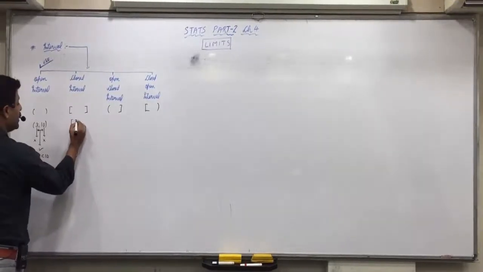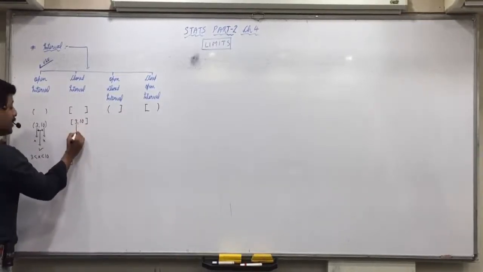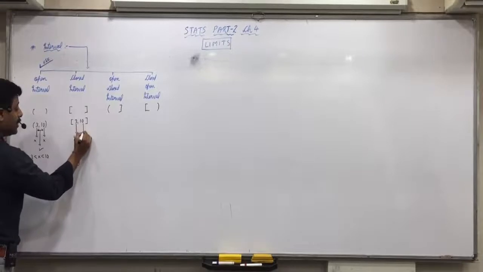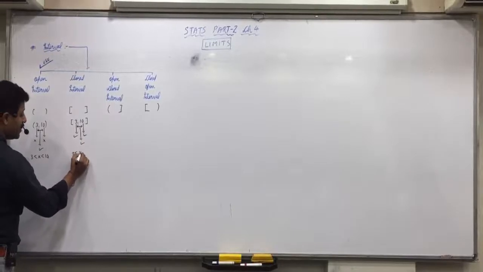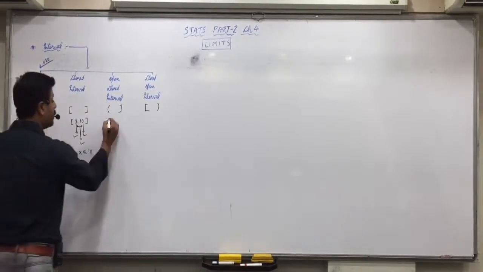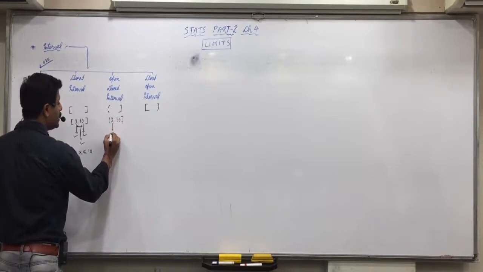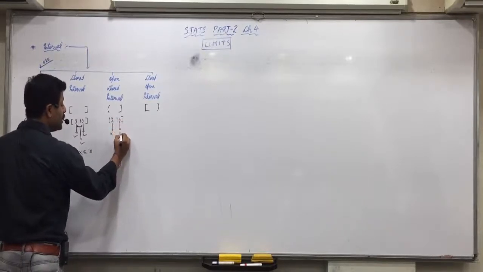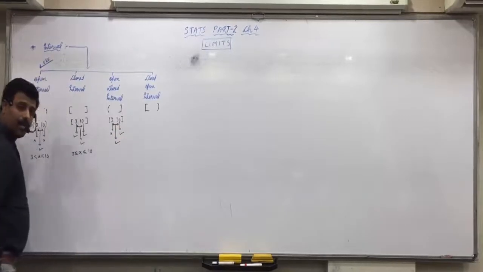Closed interval, if I write the same numbers 3 and 10, 3 is included, 10 is included, the numbers between 3 and 10 are also included. 3 less than equal to x less than equal to 10. Understood this? If I write open 3 closed 10, 3 is not included, 10 is included, numbers between 3 and 10 are included.